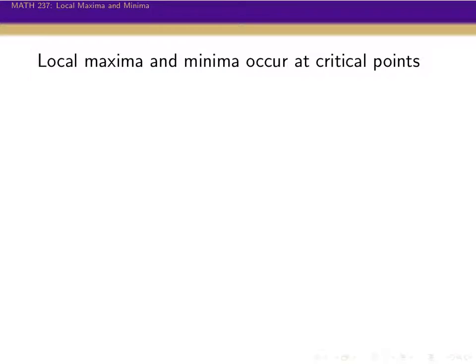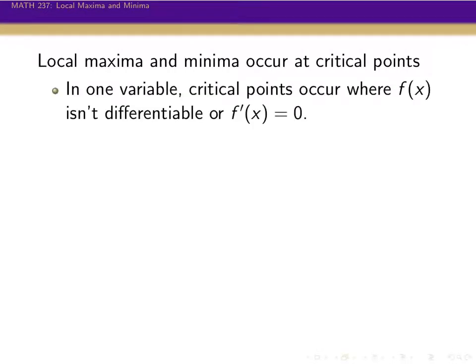Okay, so how in Calc 1 did we look for these local maxima and minima? If you remember, it was tied into finding these critical points. All the local maxima and minima had to occur at critical points. So in one variable, what was a critical point?